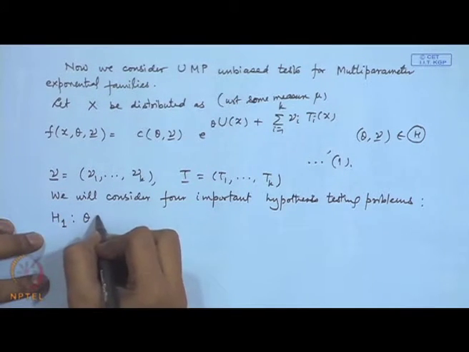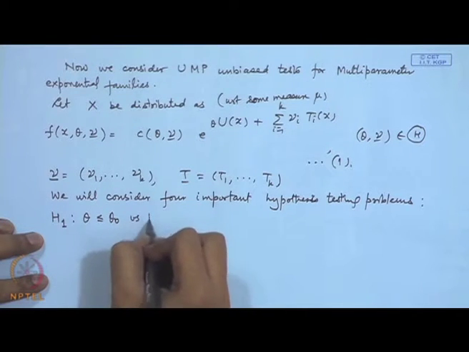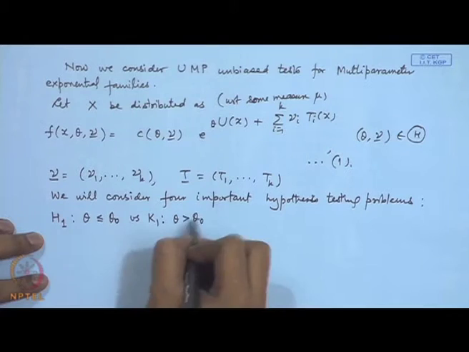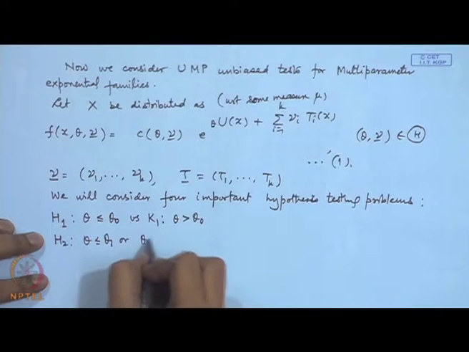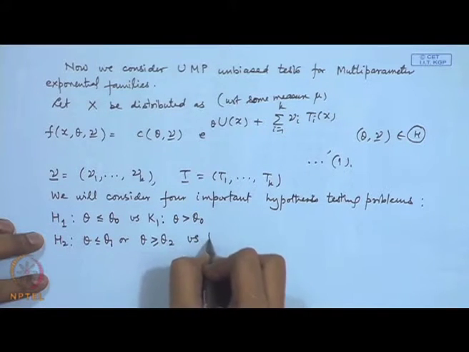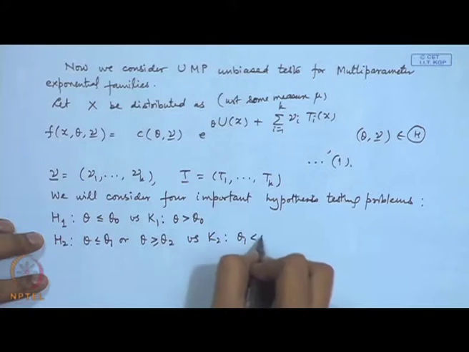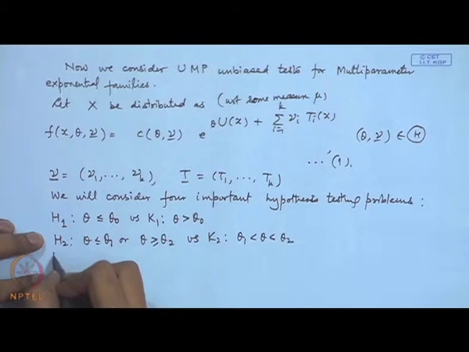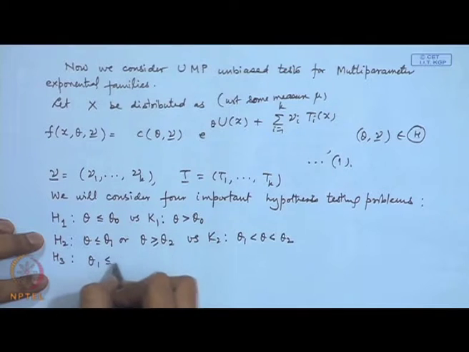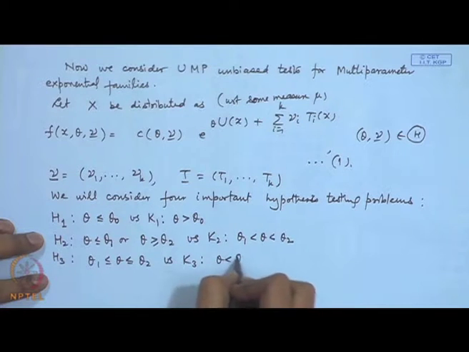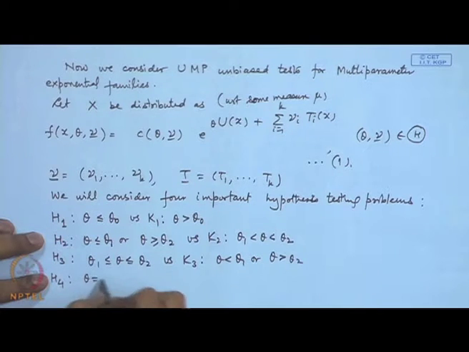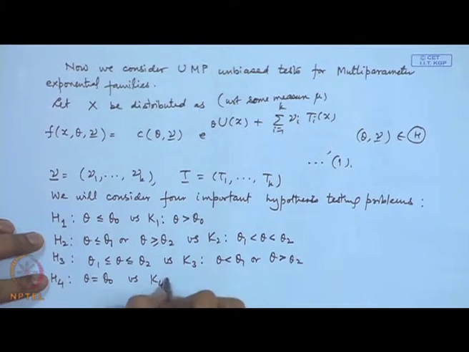H 1: theta less than or equal to theta naught versus K 1: theta greater than theta naught. H 2: theta less than or equal to theta 1 or theta greater than or equal to theta 2 versus K 2: theta 1 less than theta less than theta 2. H 3: theta 1 less than or equal to theta less than or equal to theta 2 versus K 3: theta less than theta 1 or theta greater than theta 2. H 4: theta is equal to theta naught versus K 4: theta is not equal to theta naught.